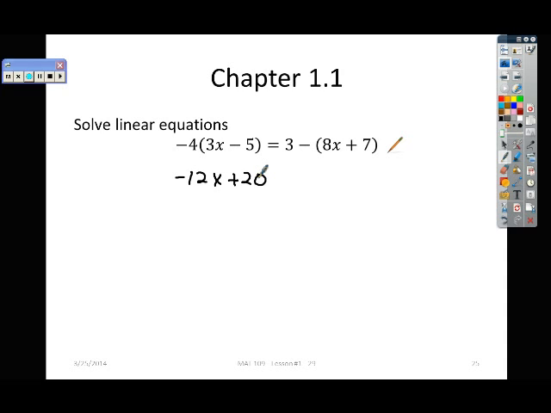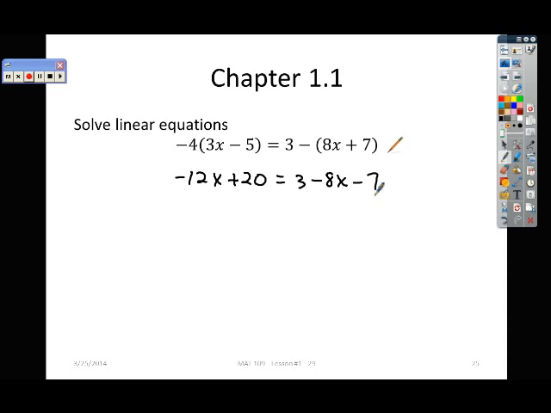I still see, even at this level, a lot of people missing those signs, especially on that second term. So make sure you get those correct. So we remove the parentheses, normal distributive property.